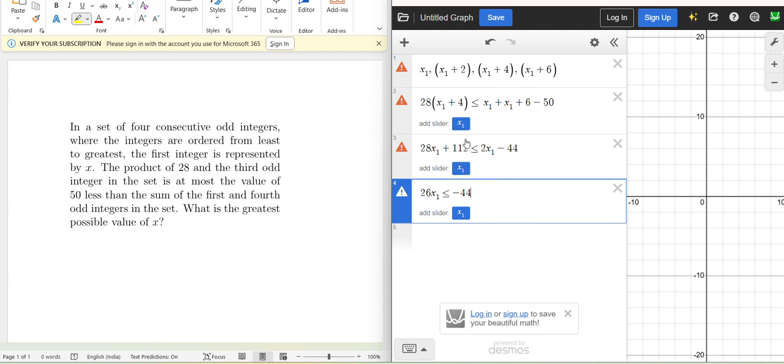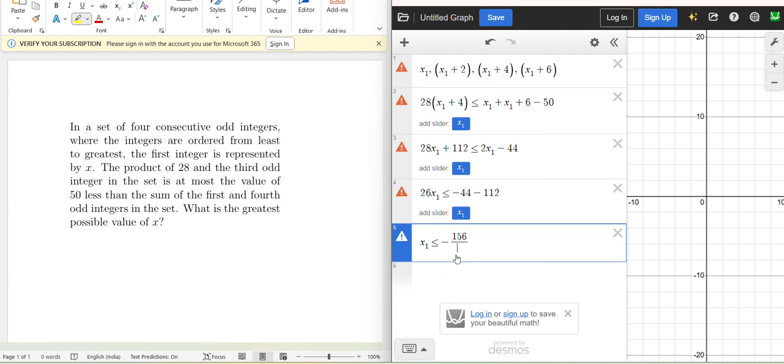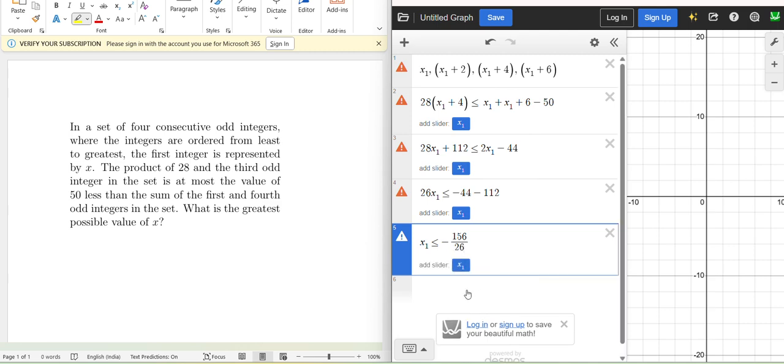The 112 goes to the other side and becomes negative. So x1 is at most minus 44 minus 112, which would be minus 156, and the whole thing is divided by 26, which goes to the division side.